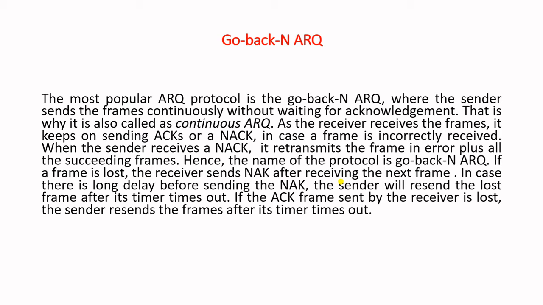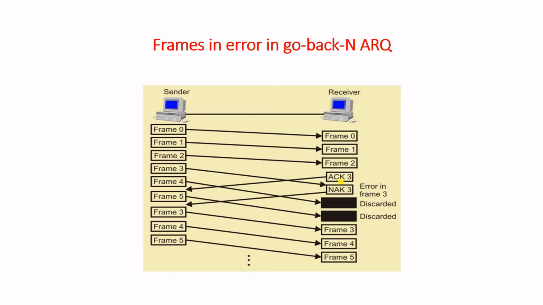That is why it is known as go back N ARQ. If a frame is lost, the receiver sends negative acknowledgement after receiving the next frame. In case there is a long delay before sending the negative acknowledgement, the sender will resend the lost frame after its timeout. So here the timer plays a very important role in data communications.